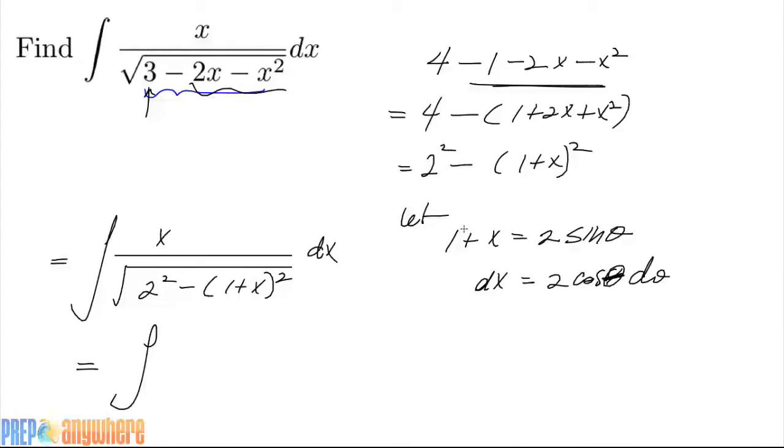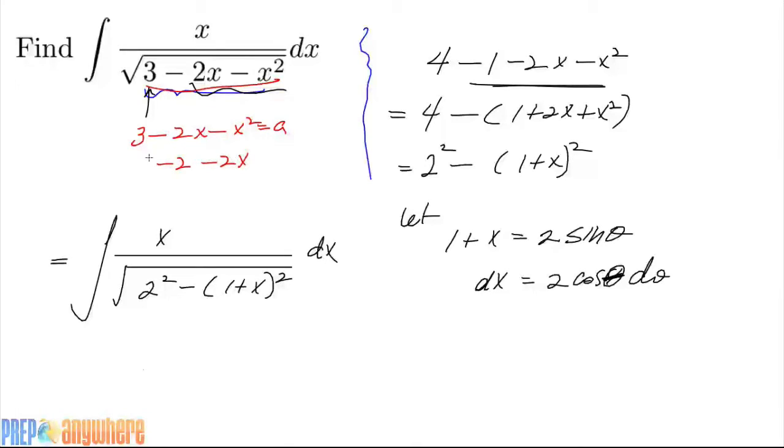I don't like that. I don't know if you can sense that you shouldn't like that either. But let me do an intermediate step. I actually almost paused in the beginning. Maybe you can do it by substitution. So if you let this entire thing be A, then you get minus 2x dx equals dA.